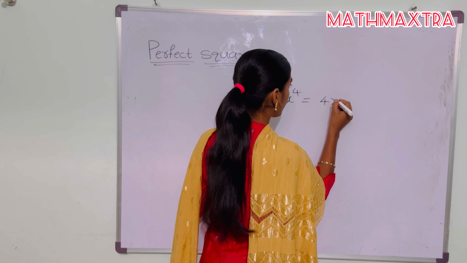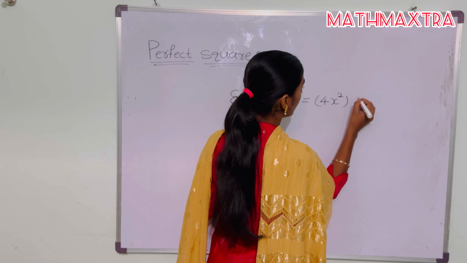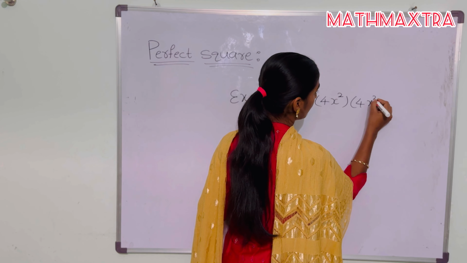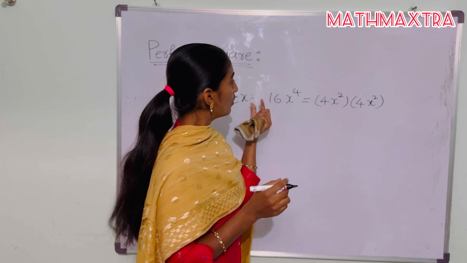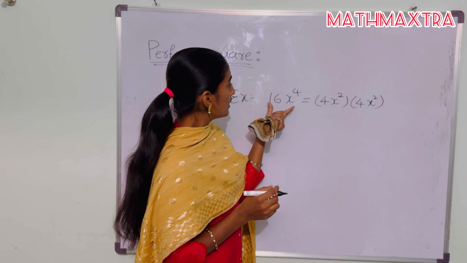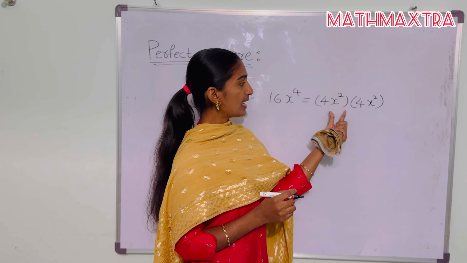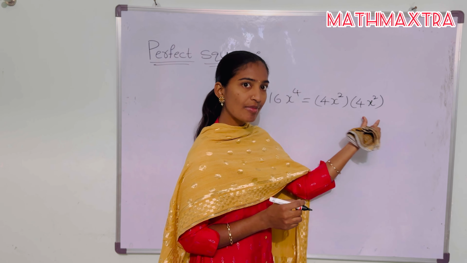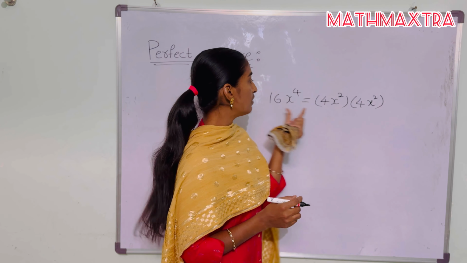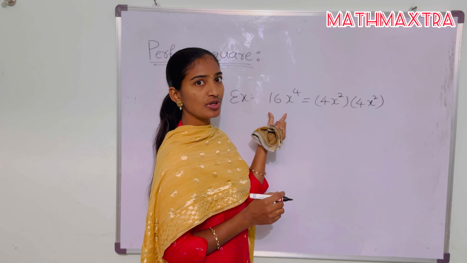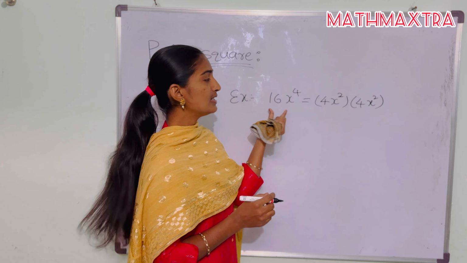Two same algebraic expressions: 4x square and 4x square. So what we have done here? This is an algebraic expression. We are writing this as a product of two same algebraic expressions. That is why we call this algebraic expression a perfect square.